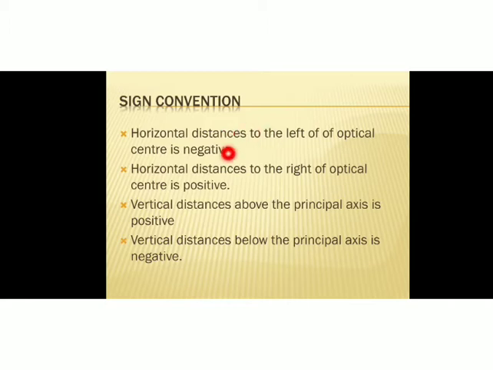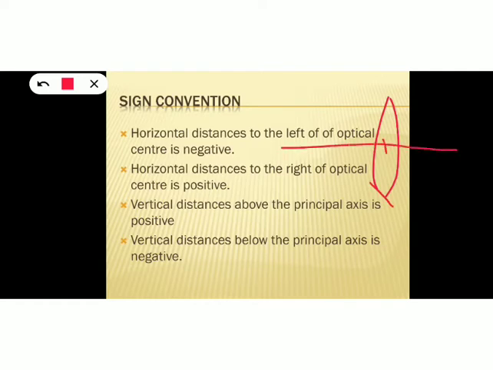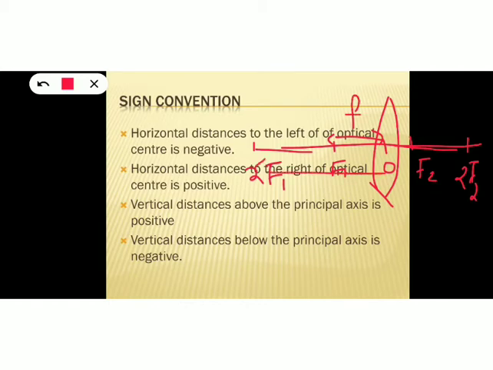Okay, so the same rules we are following here too. Horizontal distances to the left of the optical center are taken as negative. So consider this is your convex lens and this is the optical center. Here you have f1, here you have 2f1. Here you have f2, here you have 2f2, and the distance from the optical center to the focus will be the focal length f. So what will be the distance between the optical center and 2f1?